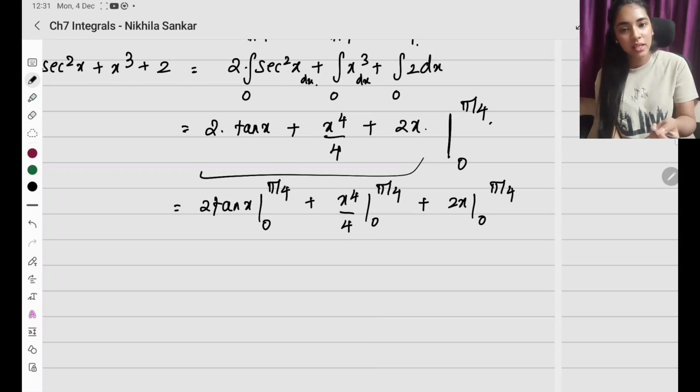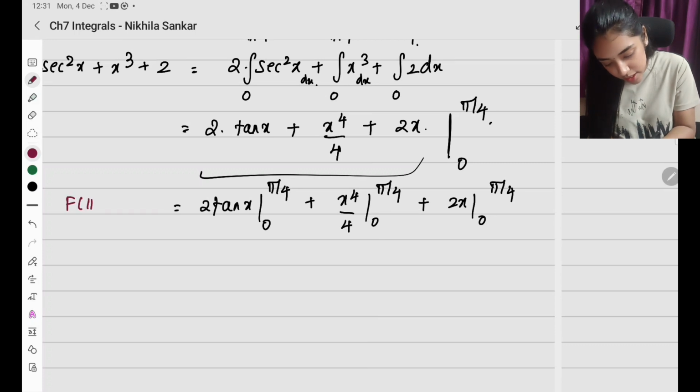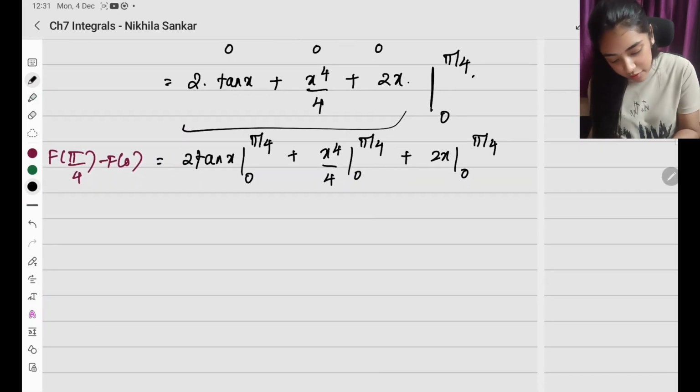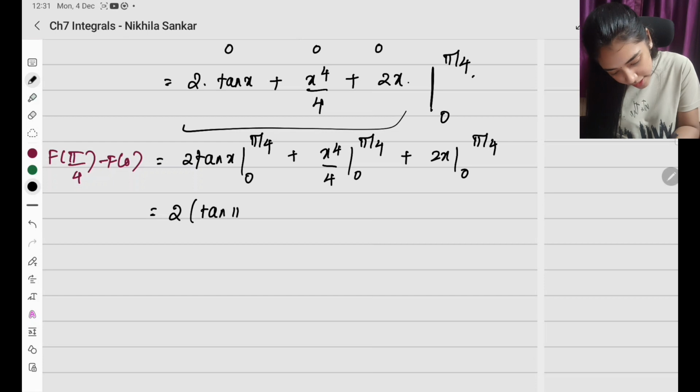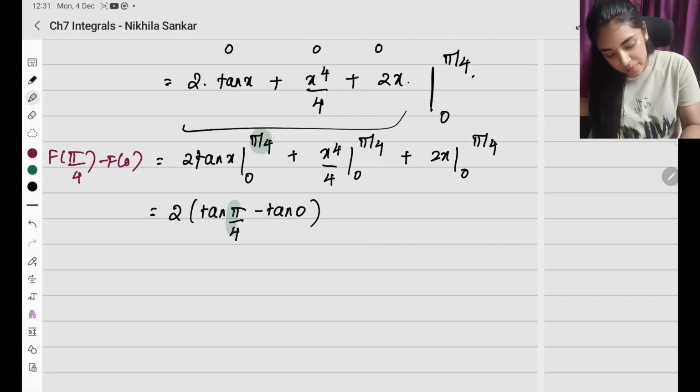It's the same thing as taking f of pi by 4 minus f of 0. Okay. So you see that this becomes easier for calculation. Just watch. So 2 times I have tan pi by 4 minus tan 0. So basically I clubbed the 2 here. So tan pi by 4 minus tan 0, so in there it's b minus a. So this is my first term.